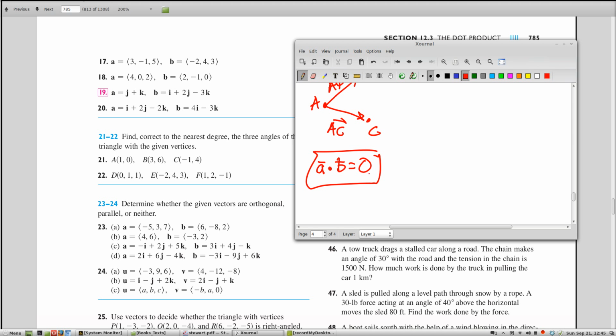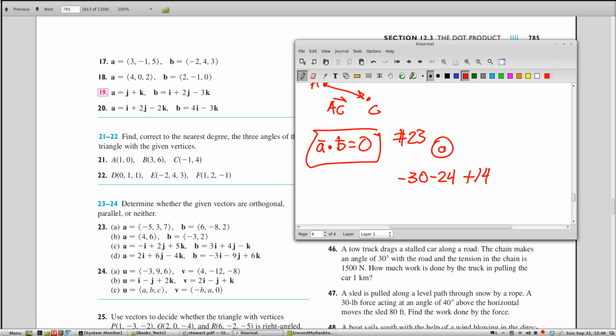So for A and B here, let's do number 23a. And so what's the dot product of these things? It's minus 30, minus 24, plus 14. And the answer is that they are not orthogonal.